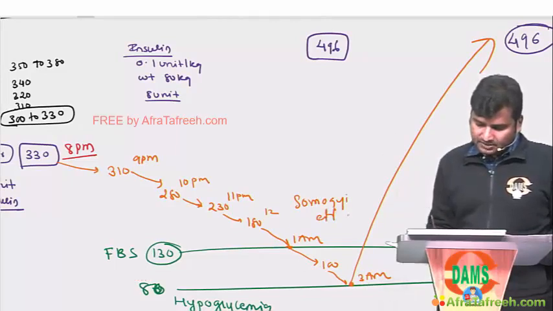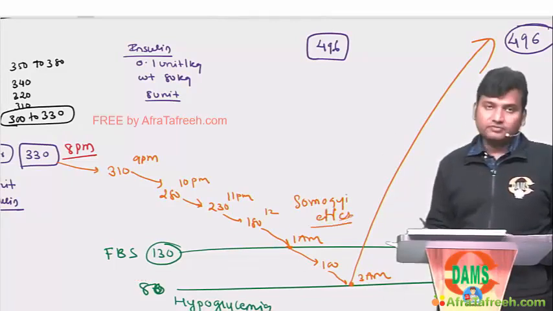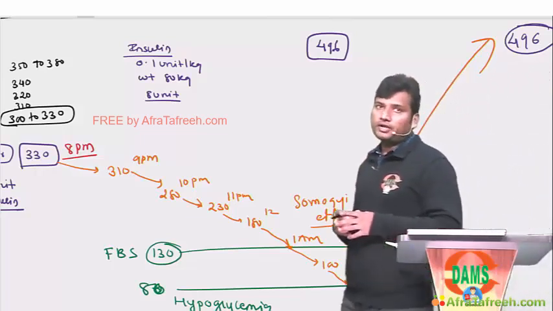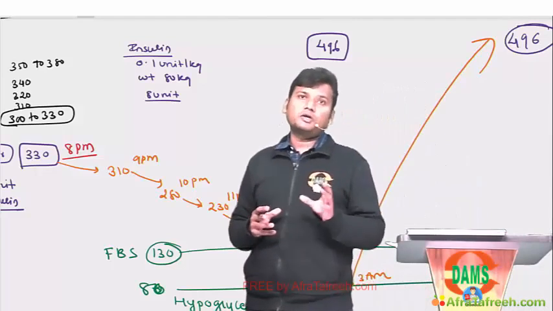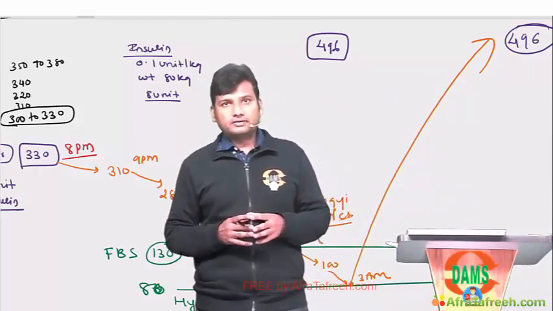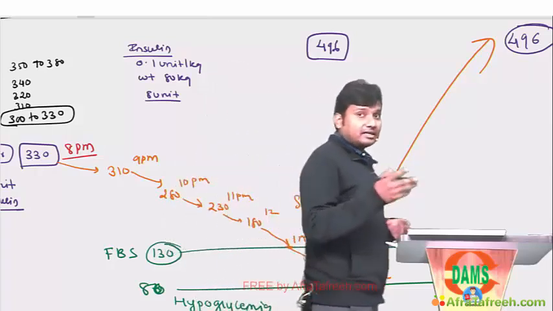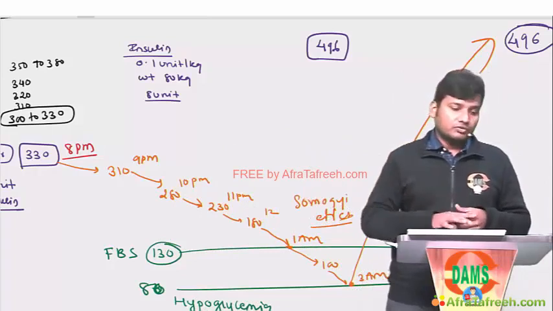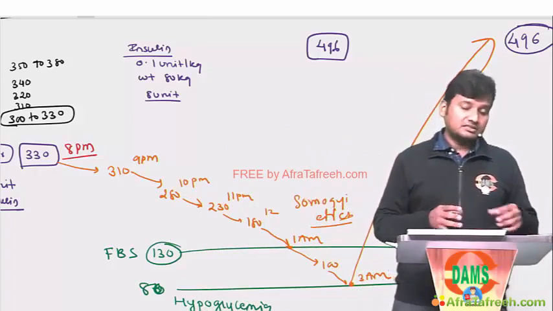Now, what is the reason for this Somogyi effect? The dose of insulin is 0.1 unit per kg according to Harrison. We have given the dose according to our book, but we can calculate the dose of insulin, but we cannot calculate sensitivity to insulin.